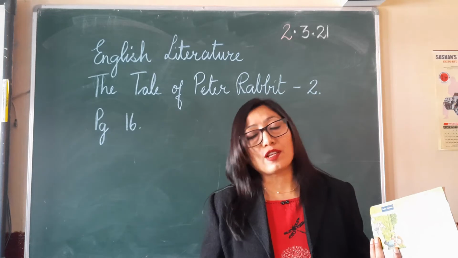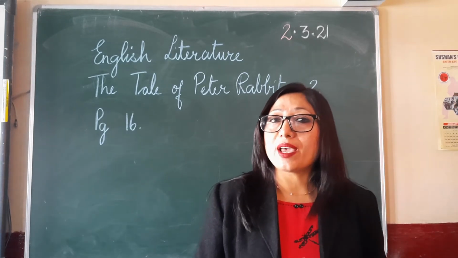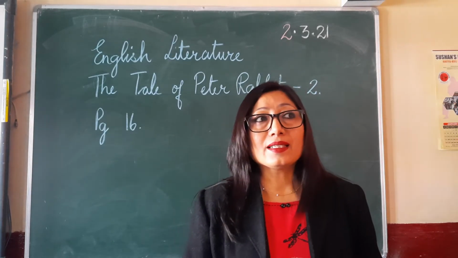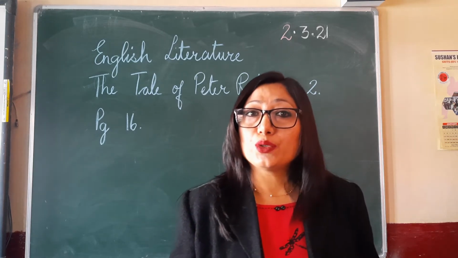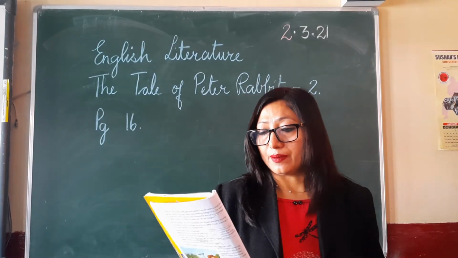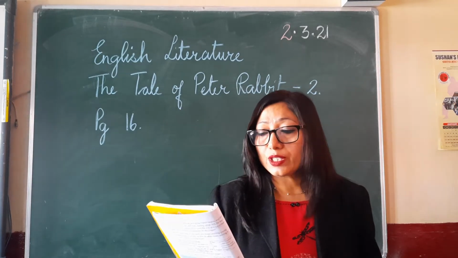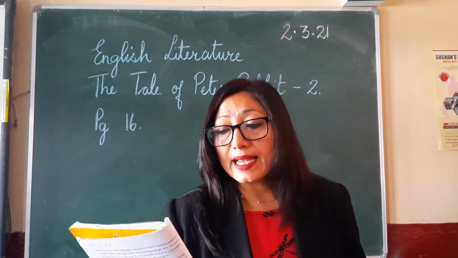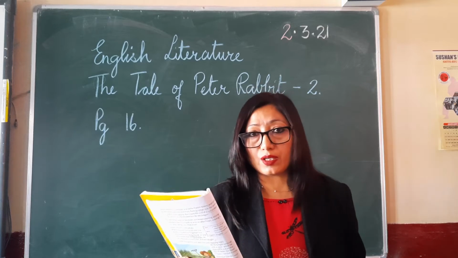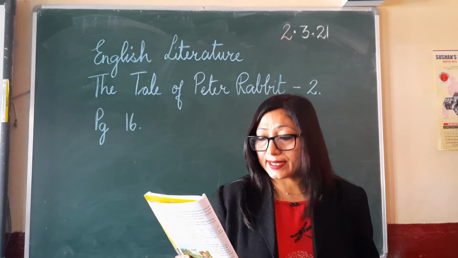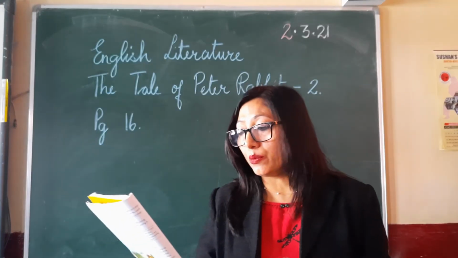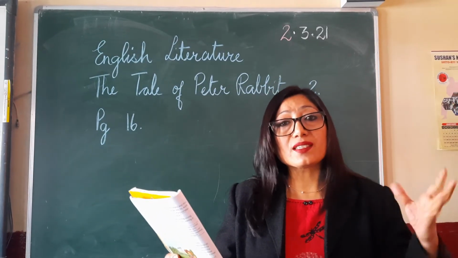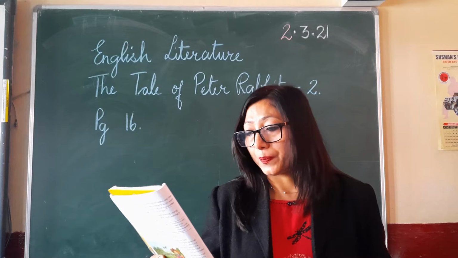So now Peter's lost in the garden. He doesn't know where the gate is, and he was wandering around looking for a way to get out of the garden. And an old mouse was running in and out over the stone doorstep, carrying peas and beans to her family in the wood. A wood is a very small forest.